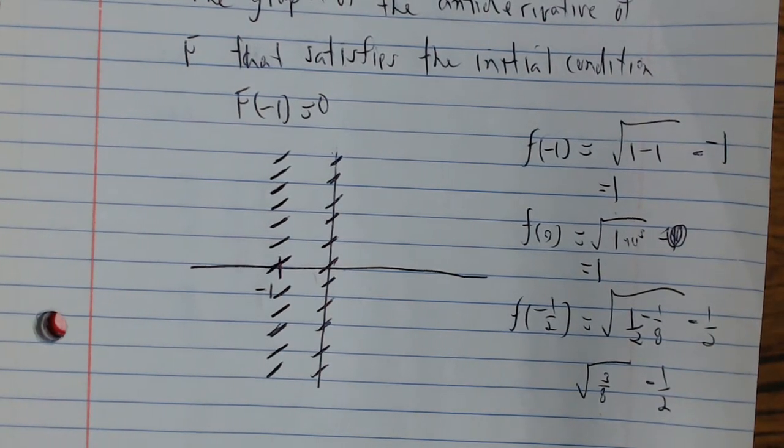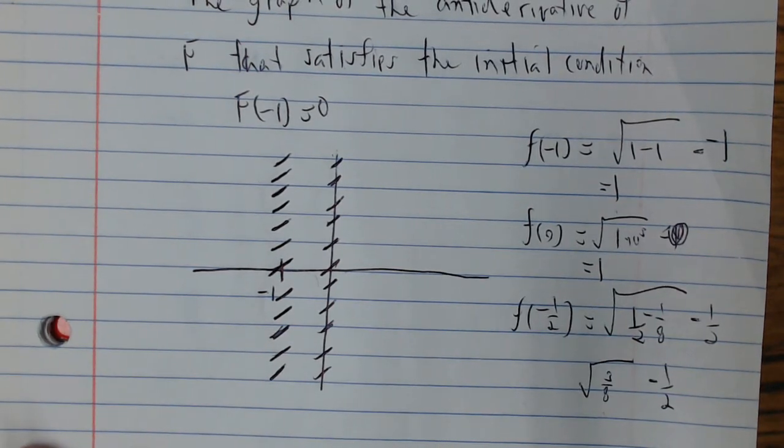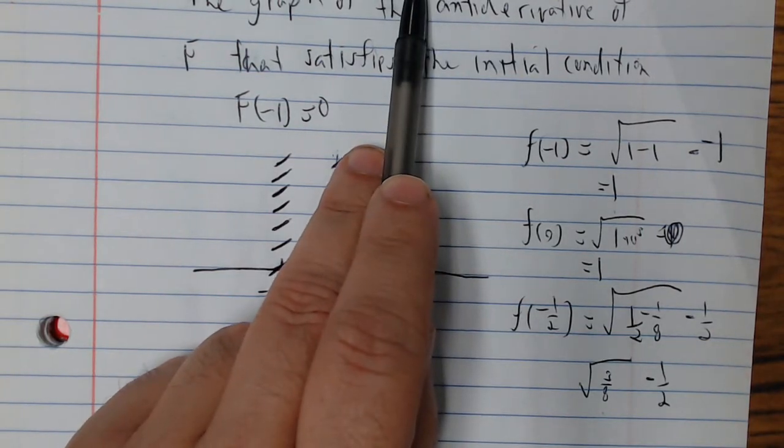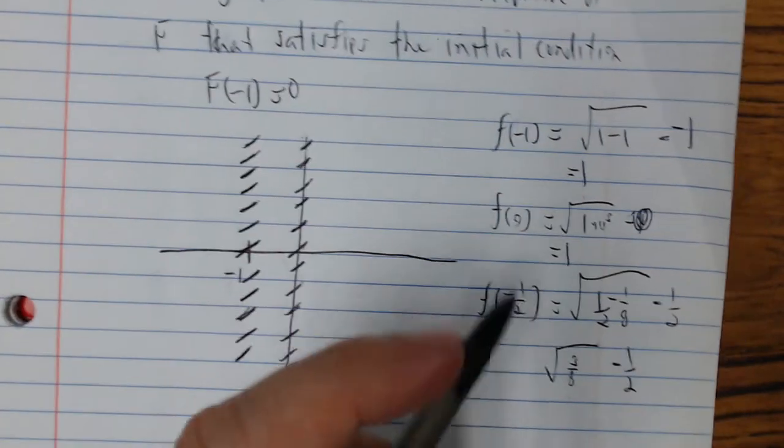Let's see. If I were to grab the calculator just to put it in so we see what that looks like. So if I were to say the square root of 3/8 minus half, that gives us about 0.11. Oh, I'm sorry, it shouldn't be 0.11.